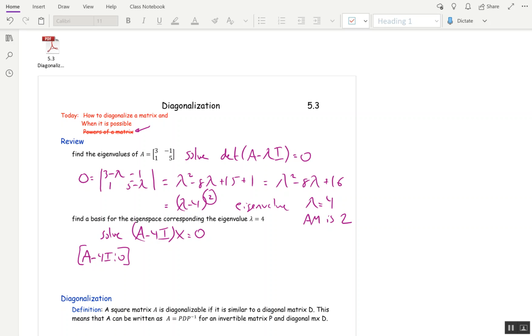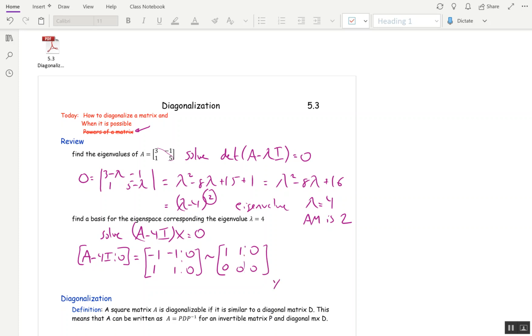I'll want you to do that on our next test. So A minus 4I: we subtract 4 off the main diagonal of A. We get -1, -1, 0, and then 1, 1, 0. And that reduces to 1, 1, 0, 0, 0, 0.